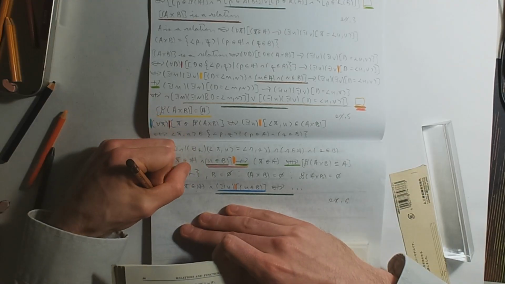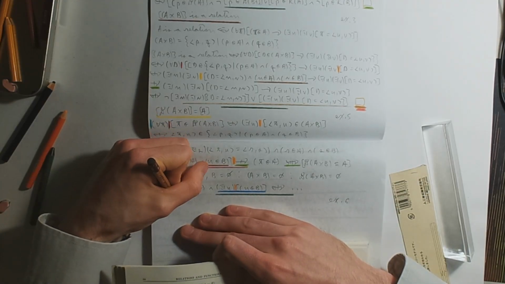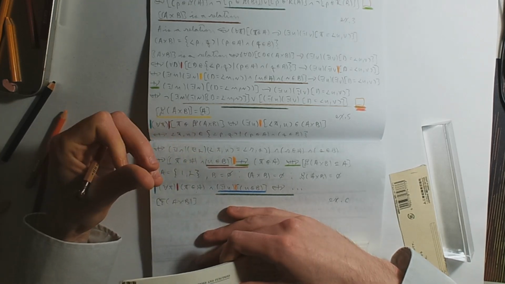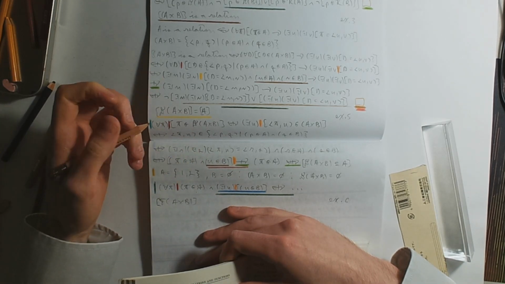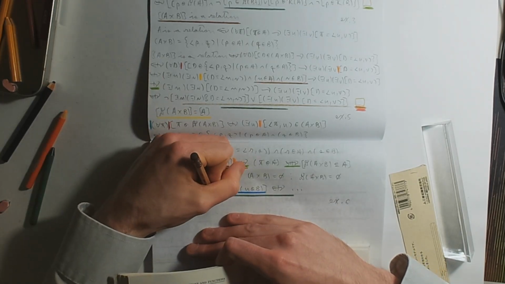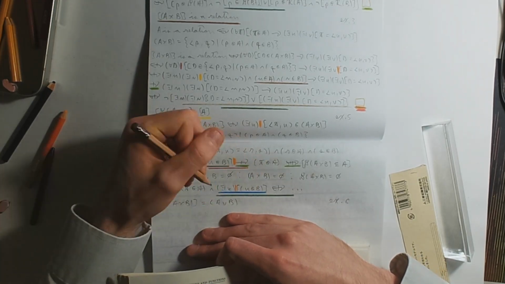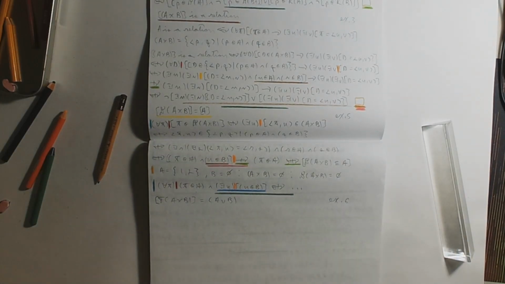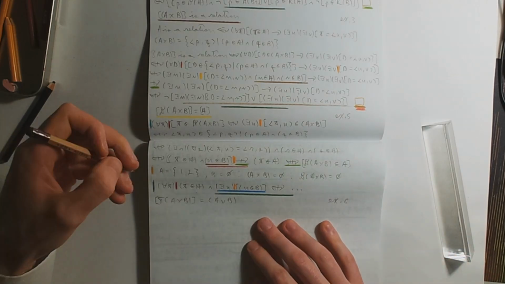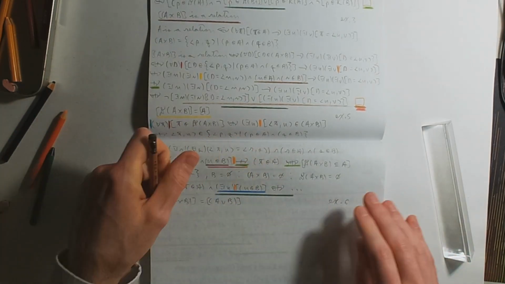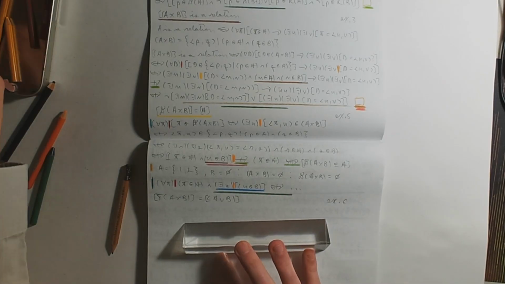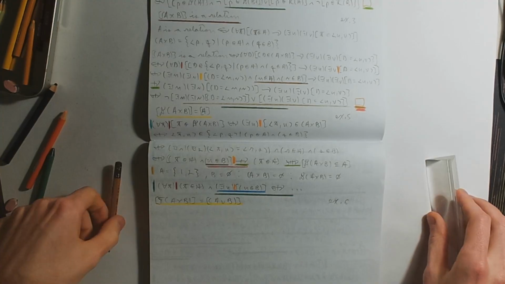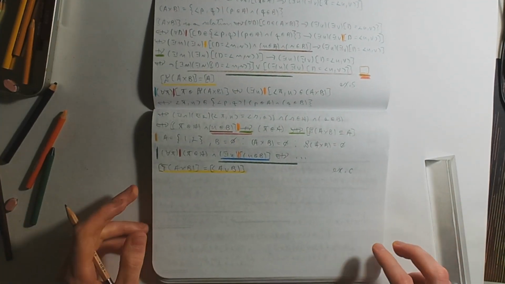The field of A by B is equal to A union B. So I assume this will yield a related observation. Okay, and what is that?